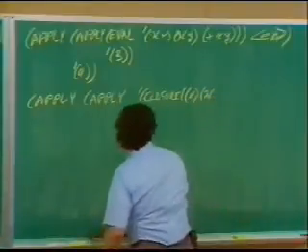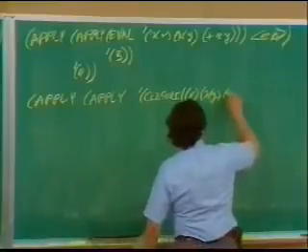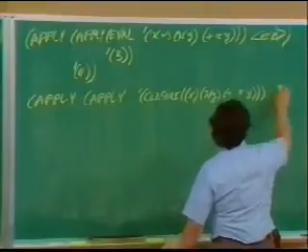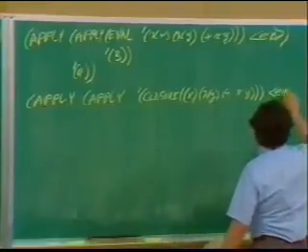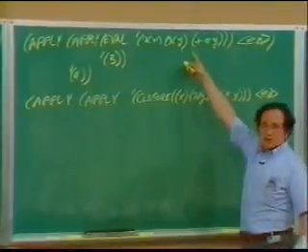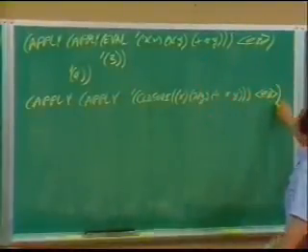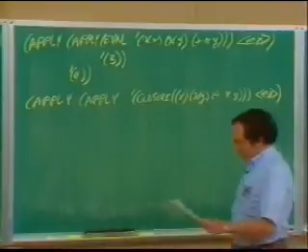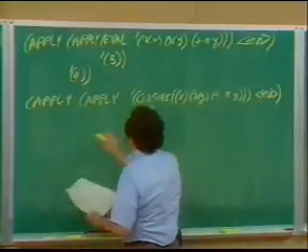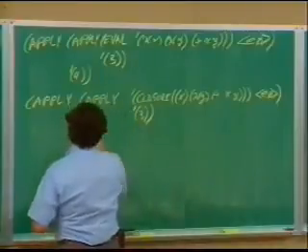It returns the procedure of one argument y, which adds x to y. Environment E0 is now captured in it because this was evaluated with respect to E0. E0 is part now of the closure object. Apply that to open 3 close. Apply to open 4 close. Apply.